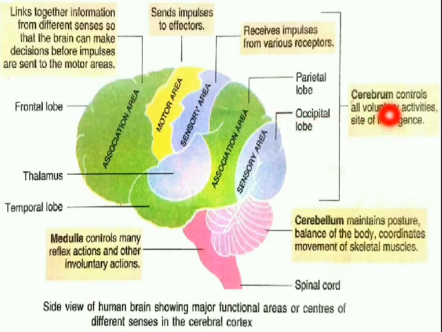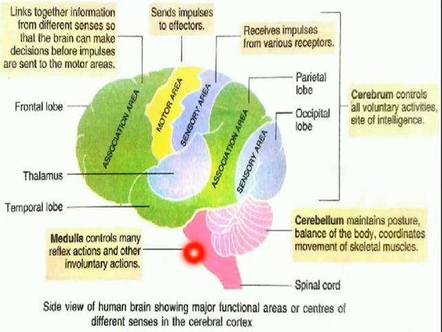Now see the cerebrum. It controls all the voluntary activities, and it is the site of intelligence. This whole portion is the cerebrum, and its functions are depicted in this diagram. Then this portion is the cerebellum, the flower-like structure you have seen in the previous diagram. Cerebellum maintains the position, posture, balance of the body, and also coordinates the movement of the skeletal muscles.